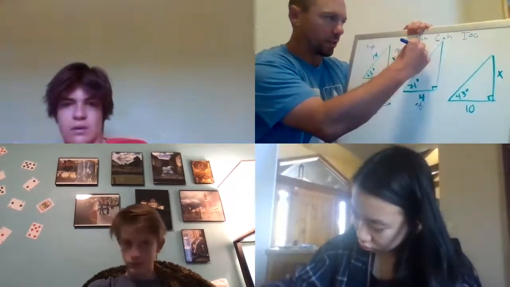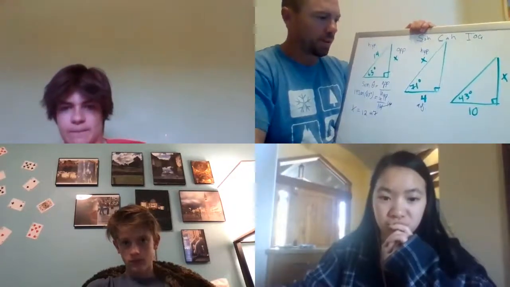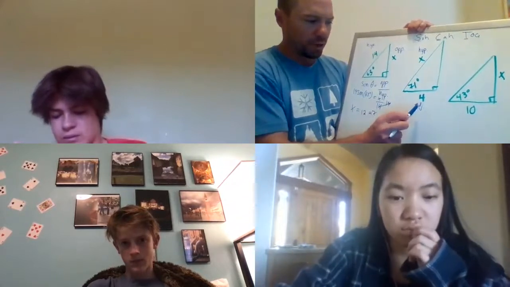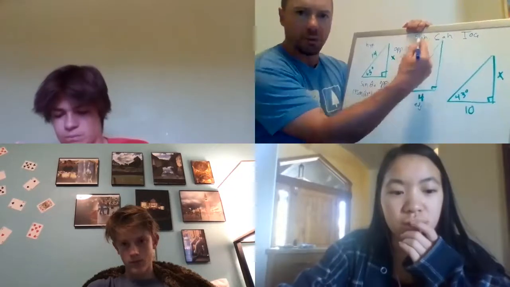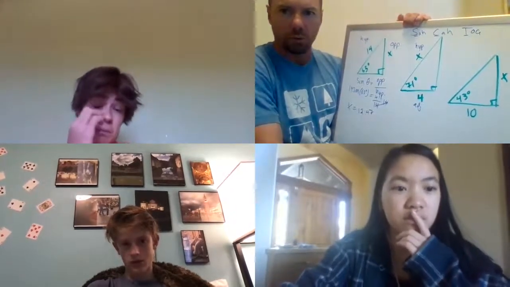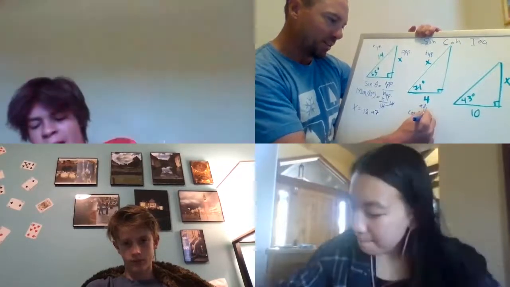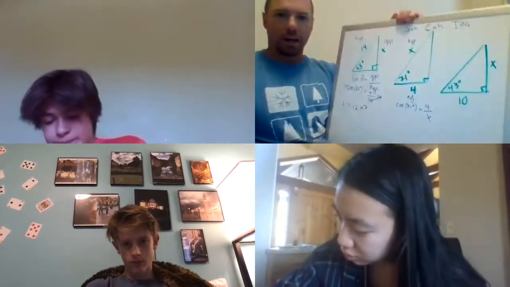And here's x, the hypotenuse. So now we're thinking, okay, this one is involving adjacent and hypotenuse. Which one of these three uses adjacent and hypotenuse? What do you guys think?